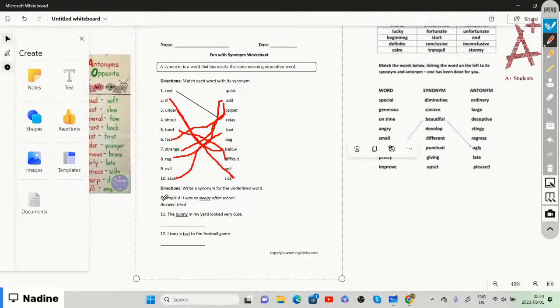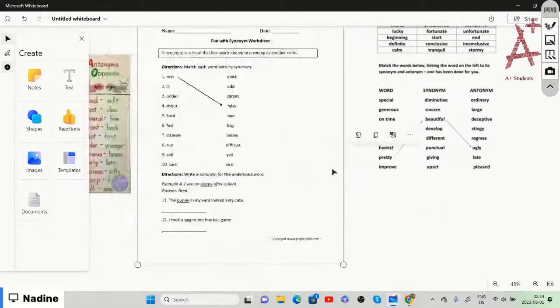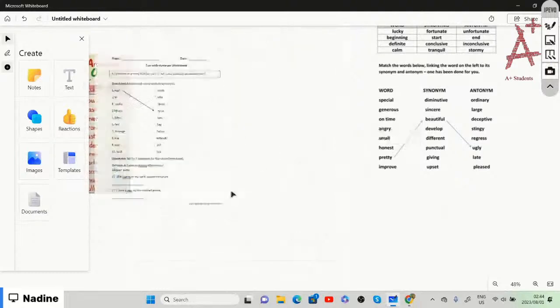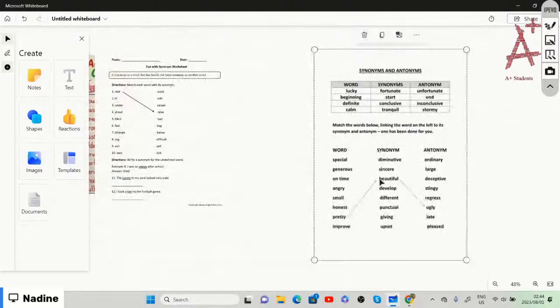All right, so now we're going on to the next one. So now we're going on to synonyms as well as antonyms. And we said synonyms are words either with the same or almost the same meaning, right? And antonyms means the opposite, right?